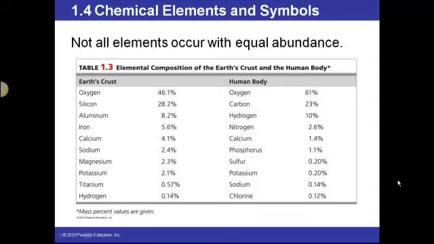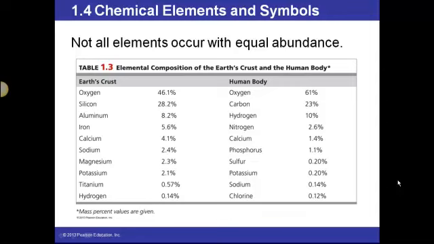Oxygen makes up about 46% of all of the atoms that occur within the Earth's crust. Silicon makes up about 28%, and then aluminum, iron, calcium, sodium, magnesium, potassium, titanium, and hydrogen are the next most abundant elements that we can find in the crust of the Earth.